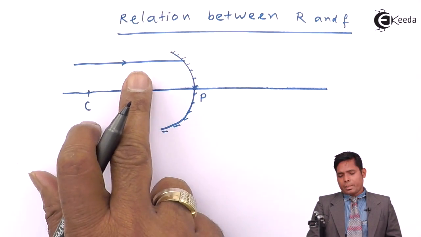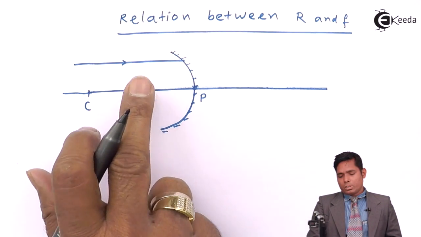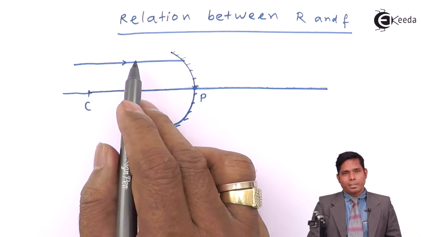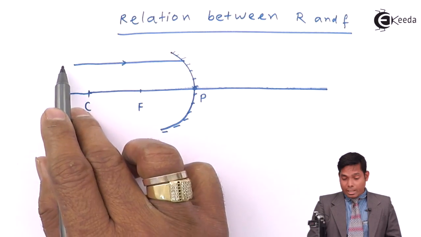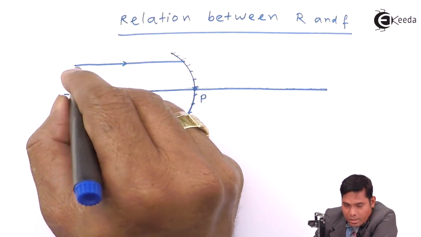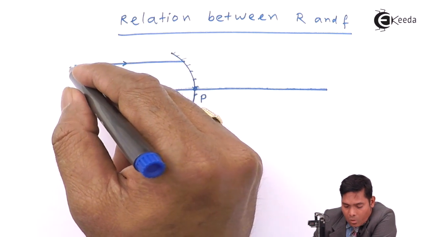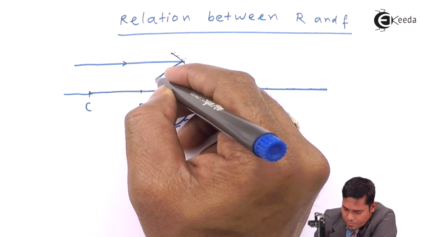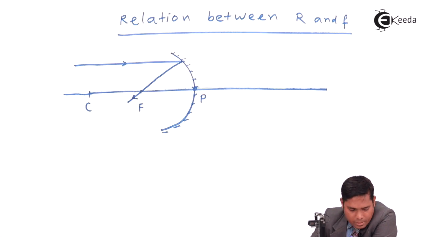So these are the paraxial rays, but to distinguish the diagram, we have considered the ray much above the axis, but these are all paraxial rays. So assuming that this is a paraxial ray, after reflection, as we have discussed just now, all the rays coming parallel must pass through the focus. So it has to go like that.